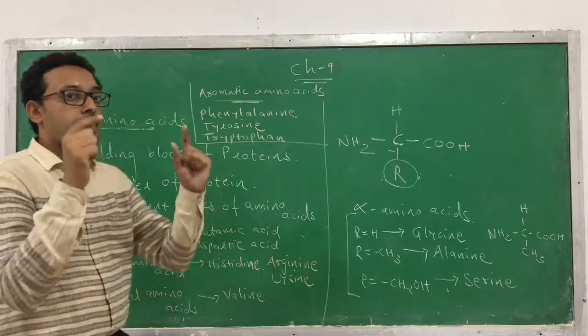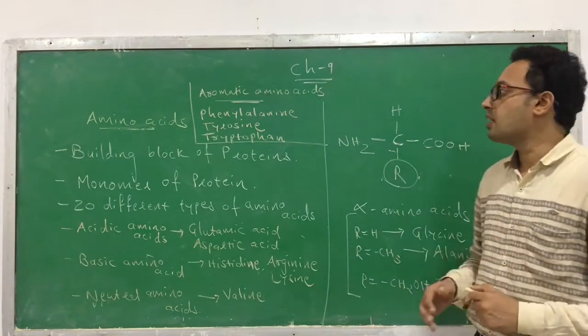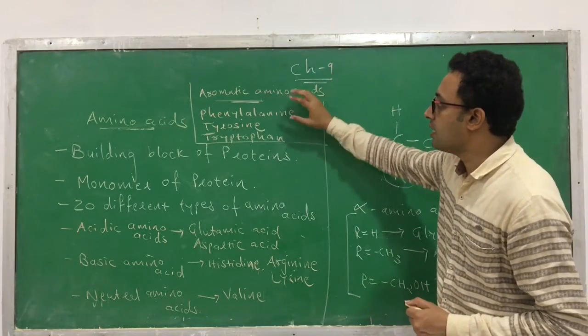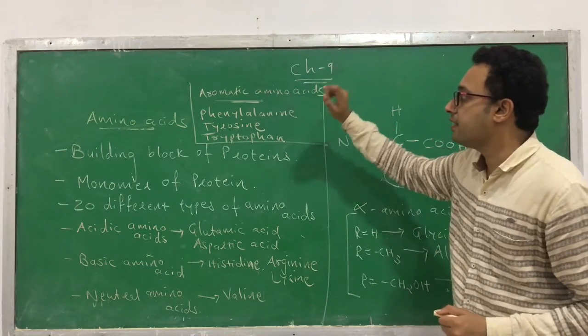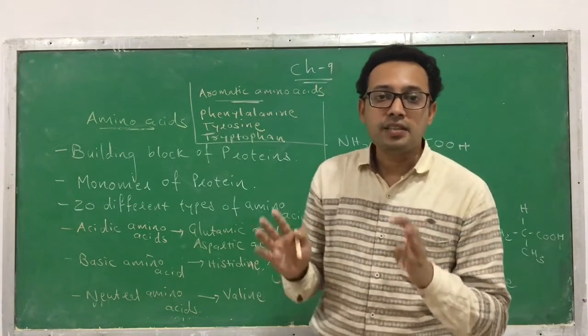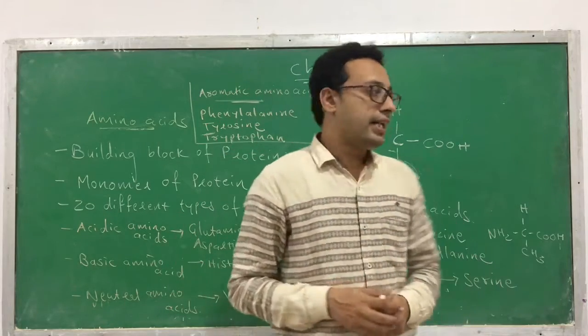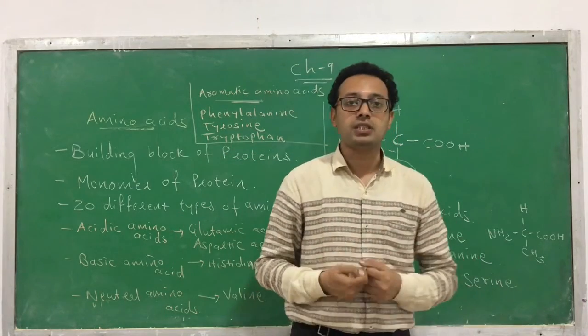These three are aromatic amino acids. So if you are asked which are the aromatic amino acids, these are they: phenylalanine, tyrosine, and tryptophan. These are a few examples from the 20 different types of amino acids we have, and this is the basic structure of an amino acid.